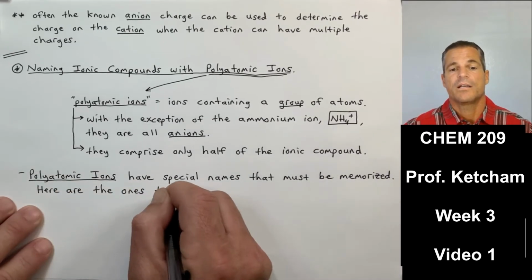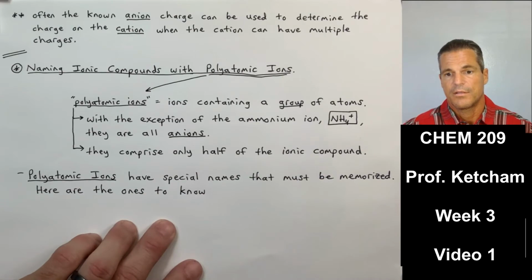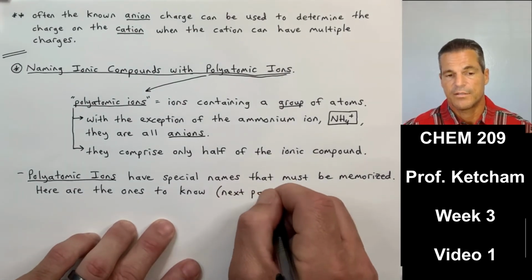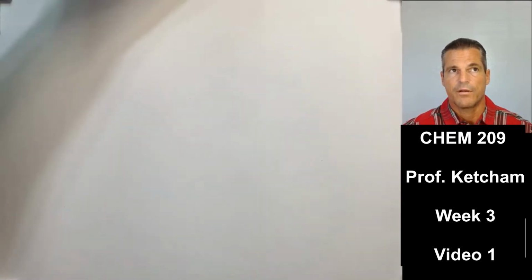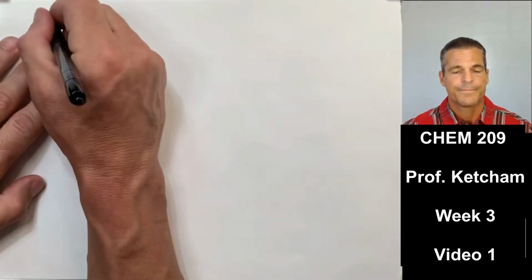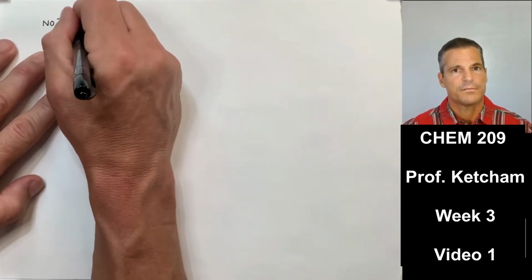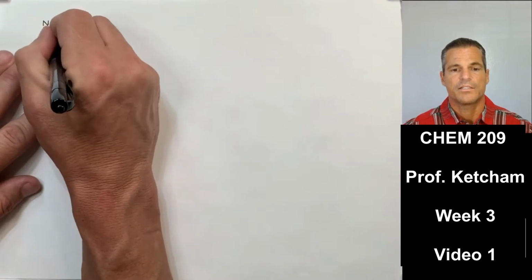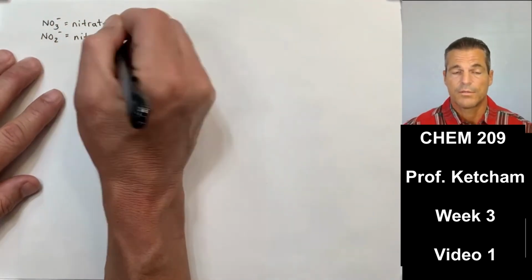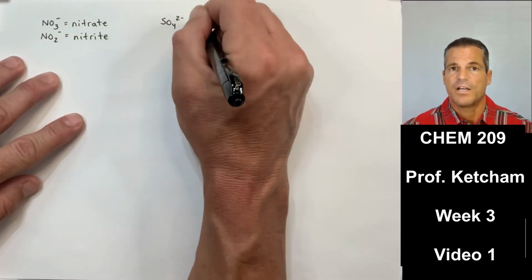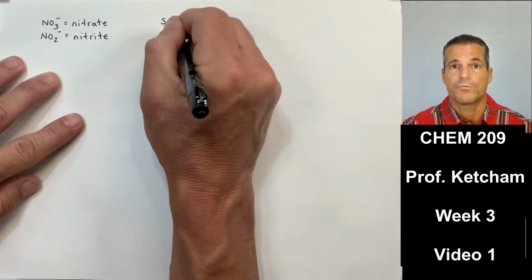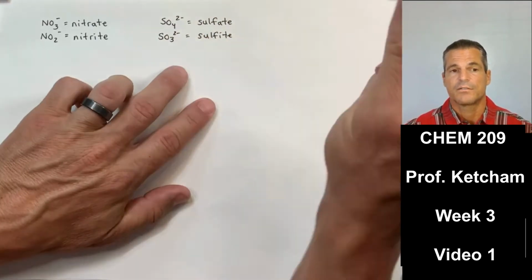Now, polyatomic ions have special names that you have to memorize. Okay, so you make flashcards or something like that. There are ways for us to group them together to help us learn all the polyatomic ions, but here are the ones that you should know. It's going to make your life a lot easier, especially when we get to writing and balancing chemical equations.